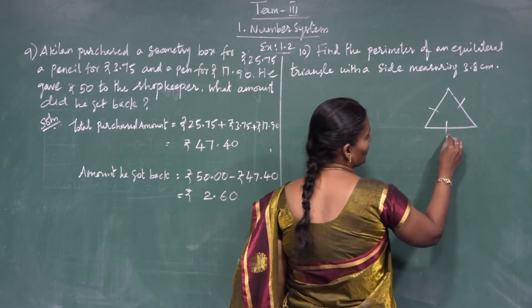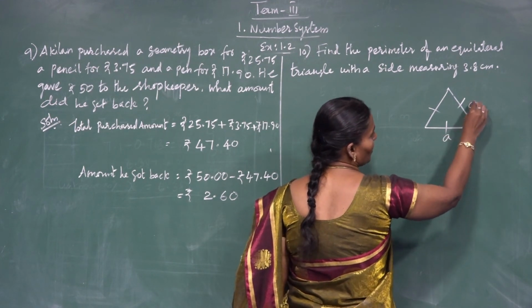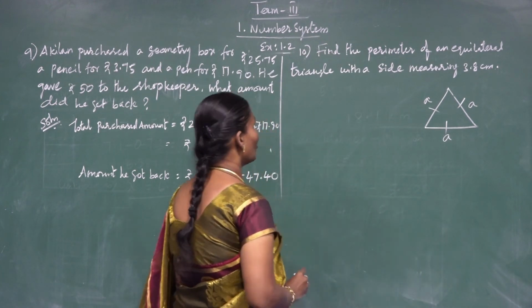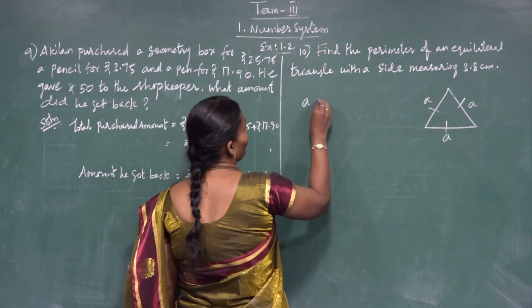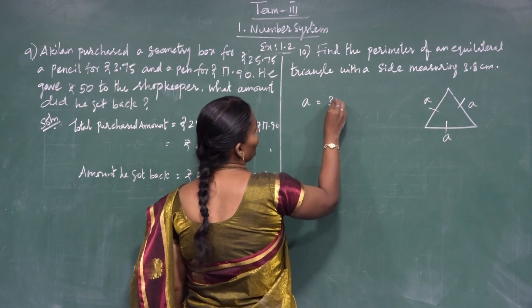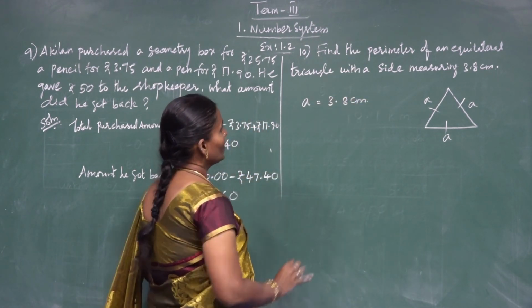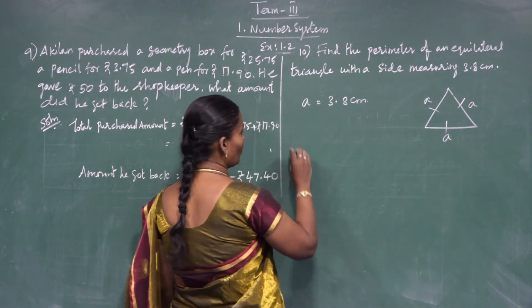So if you consider this side is a, this side also a, this side also a. So the side a is equal to 3.8 centimeter. Now find out the perimeter of the equilateral triangle.